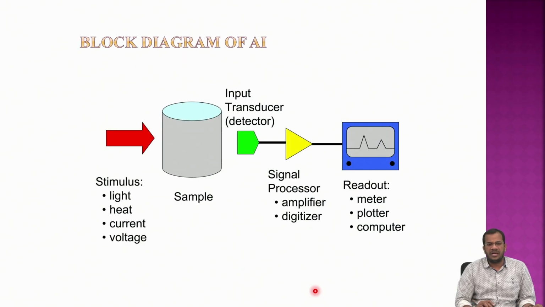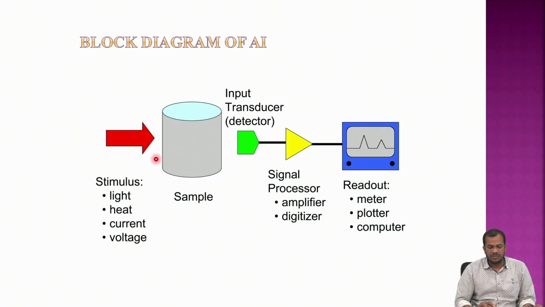Now, if you see the block diagram we have seen, this is an example of characteristics. You are sending the light radiation to the sample, where the sample is absorbing the radiation and giving the output.